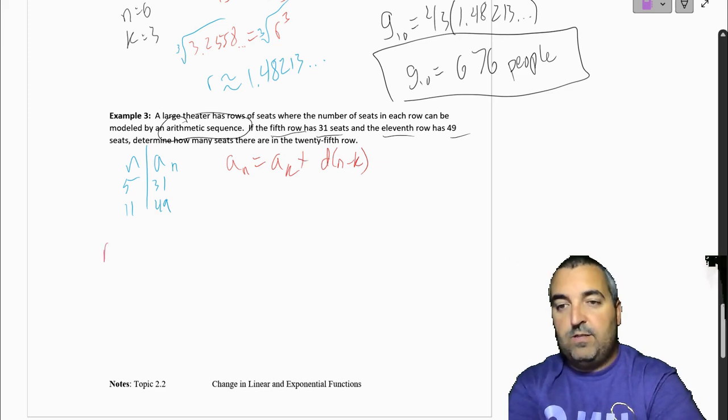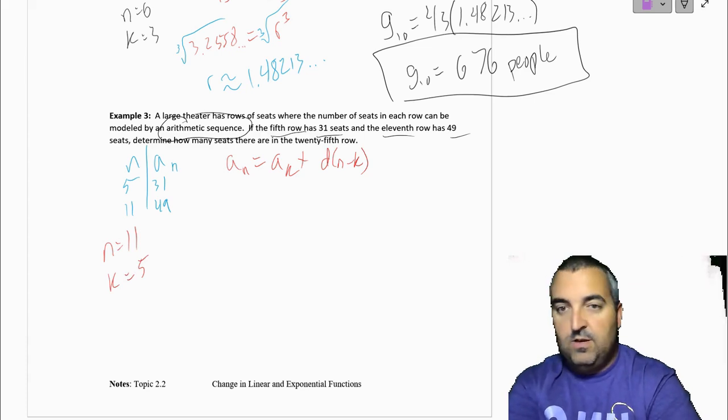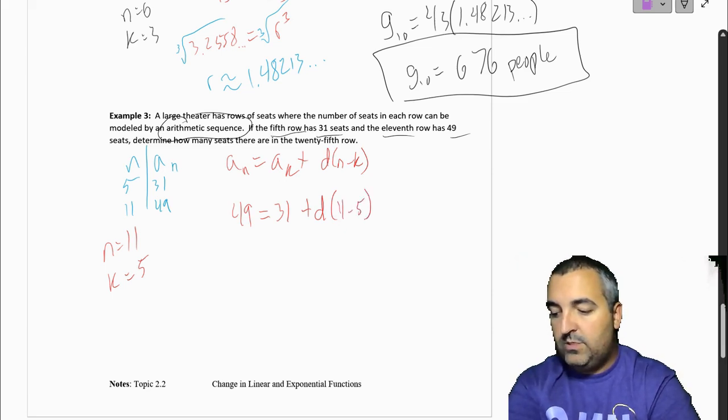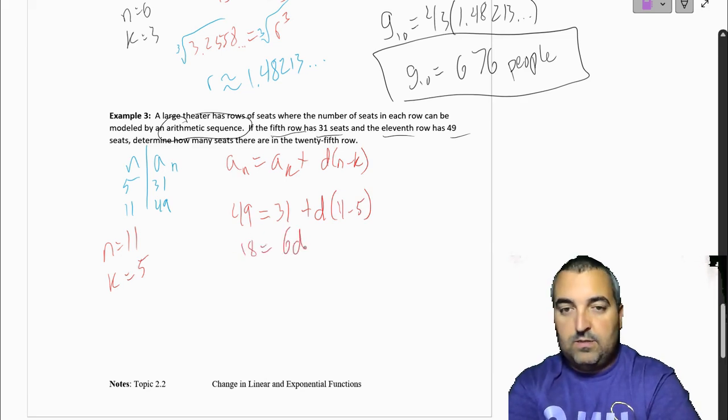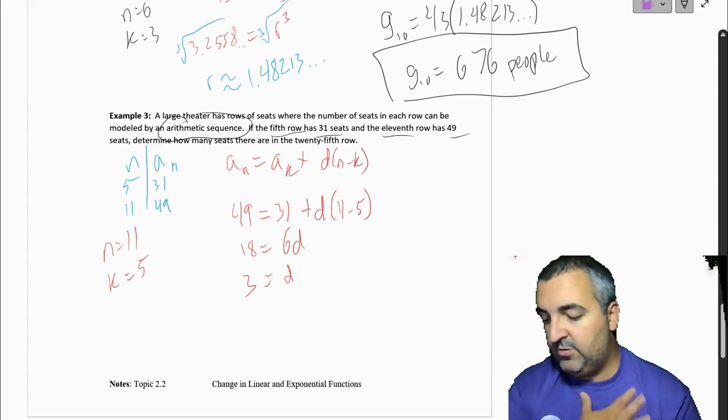And here again, I'm going to make the bigger number n and the smaller number k, because I know I'm doing n minus k, and I'd rather not deal with negatives if I can help it. So I'm going to say 49, because that's a sub 11, equals a sub k, which would be 31, plus d, which I do not know, times 11 minus 5. Start simplifying, subtract the 31, and get 6 times d, so d is 3. And that one is definitely doable without a calculator.